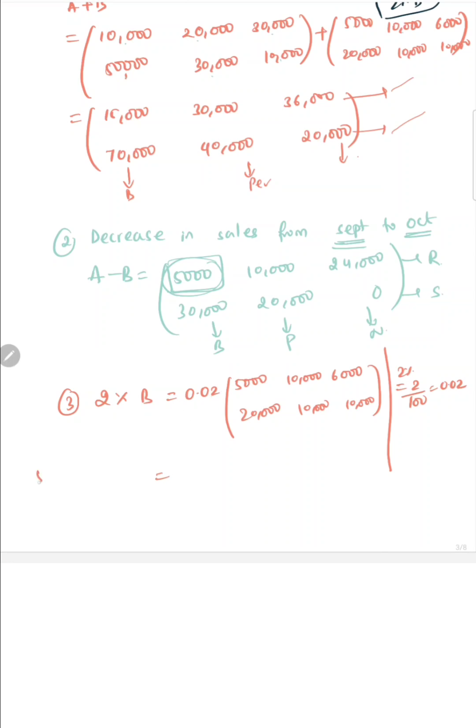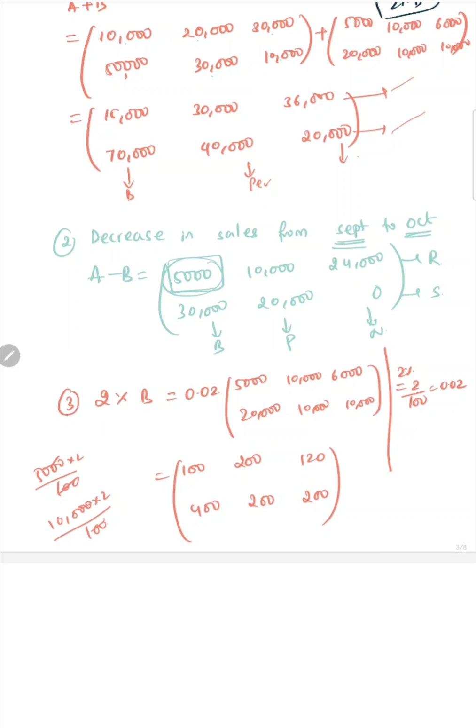So 5,000 into 2 by 100 will be 100. 10,000 into 2 by 100 will give 200. So 6,000 will give 120. This will give 400. This is 200. This is also 200.